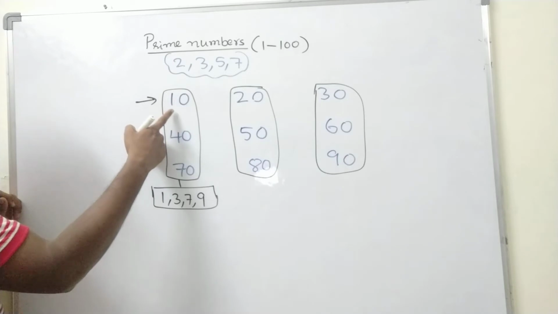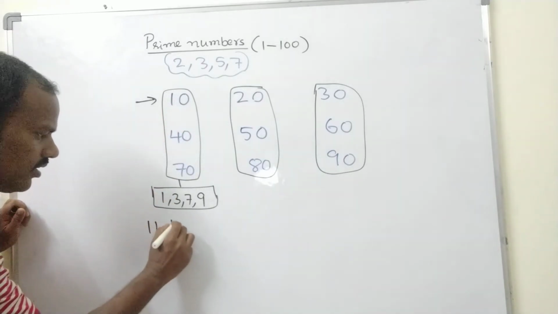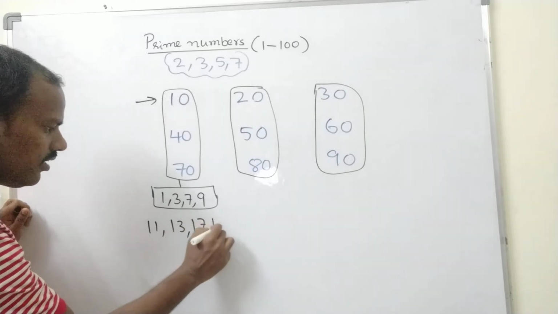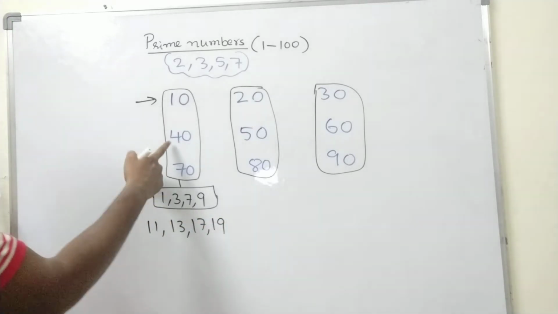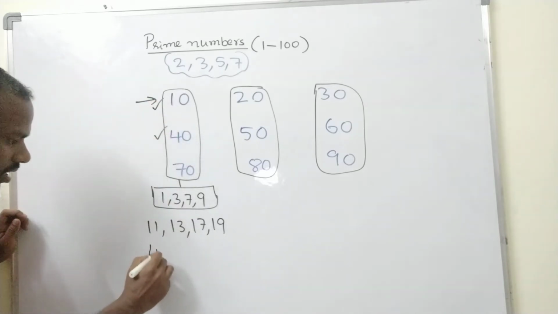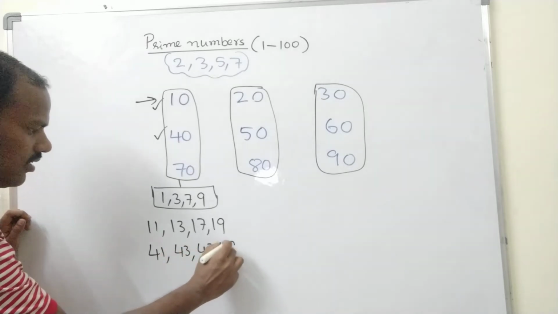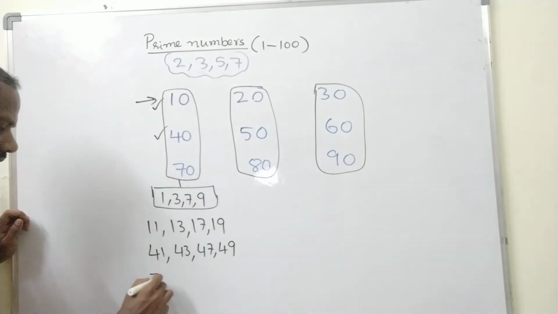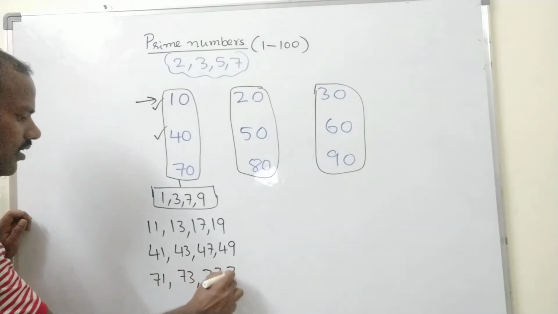Now if you want to start with 10, then 11, 13, 17, 19. All the 4 numbers are prime numbers. 10 I have completed. Now I will start with 40: 41, 43, 47, 49. Next with 70: 71, 73, 77, 79.